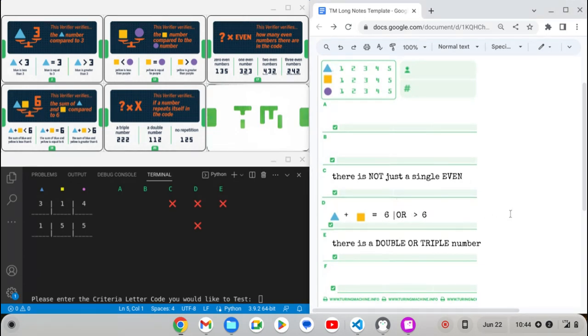So let me cross out the equal 6. Oh, goodness. Very challenging indeed. Okay, so we know it's greater than 6. Now I know I can cross out 1 for triangle and square, because 1 plus 5 equals 6. It's got to be something greater than that.